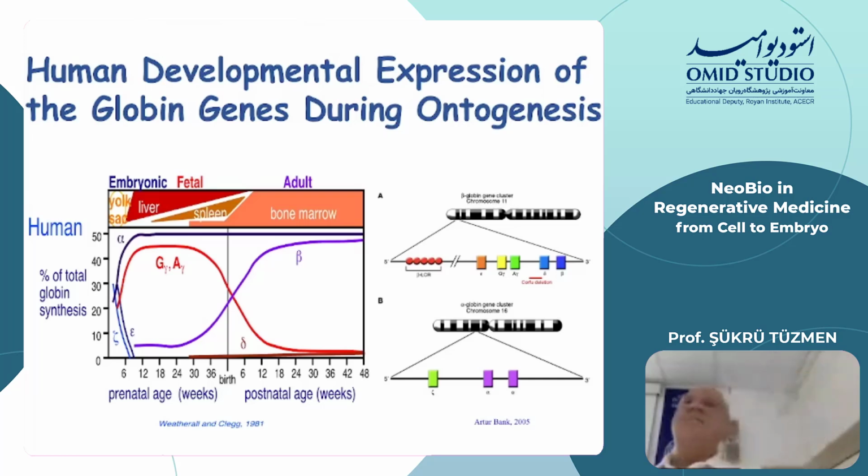Each gene here is depicted by a box, but in fact, all of these beta globin family members contain 2 introns and 3 exons. So the numbers of introns and exons are the same, only the sequences are different, but there's a sequence similarity between the A gamma and G gamma genes, except for the A's and G's in terms of amino acids.